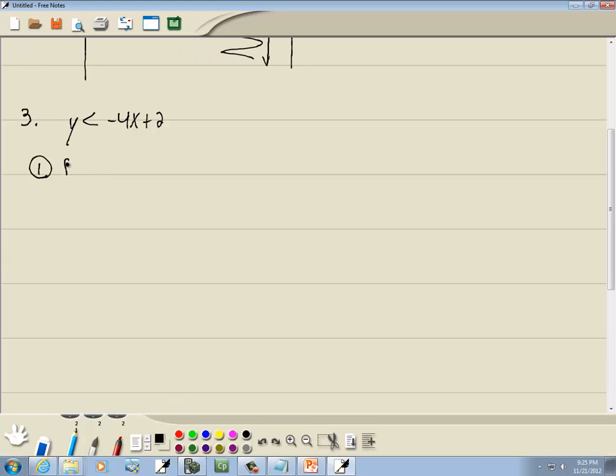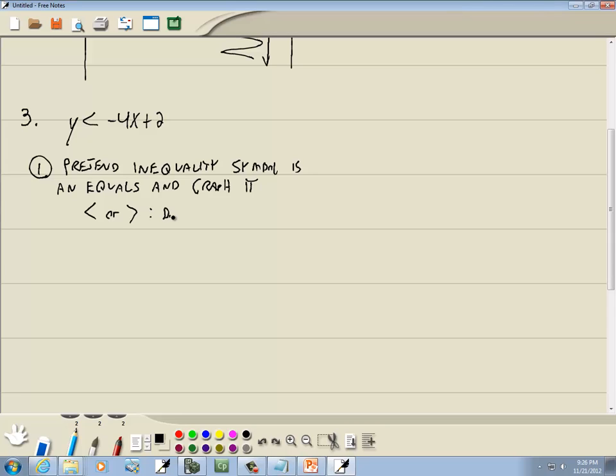Our first step is pretend the inequality symbol is an equals and graph it, with the stipulation of what we set up above: if you have a less than or greater than, that's a dotted line.